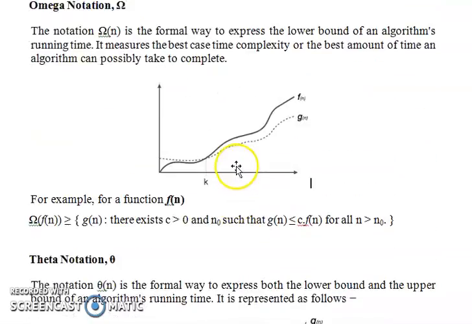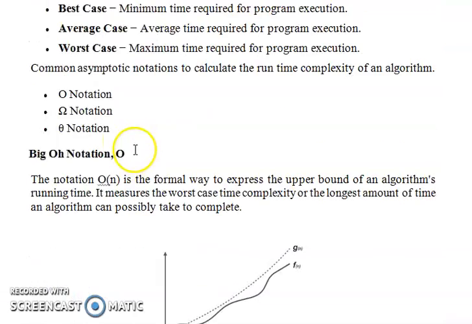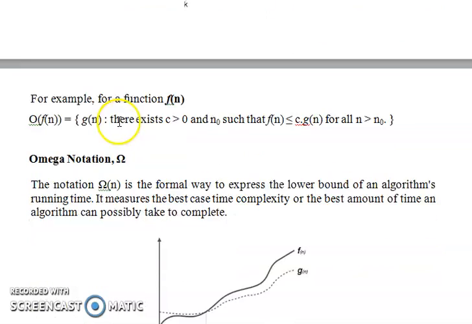In this way, we can have three types of asymptotic notations: big O notation expressing upper bound, omega notation representing lower bound, and theta notation representing upper and lower bounds.